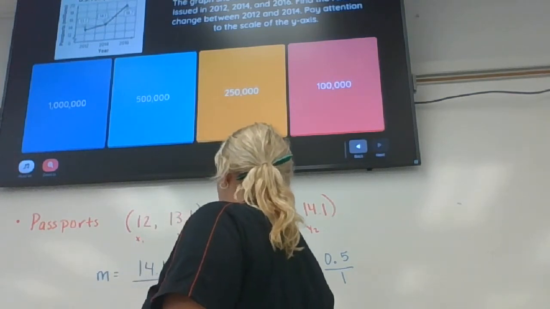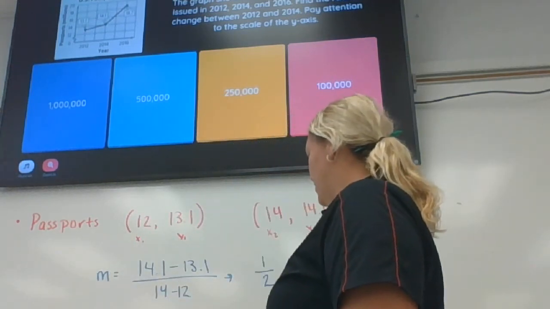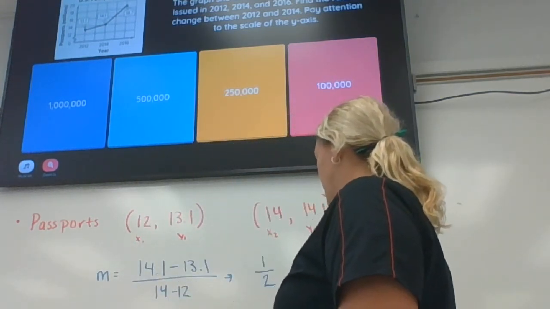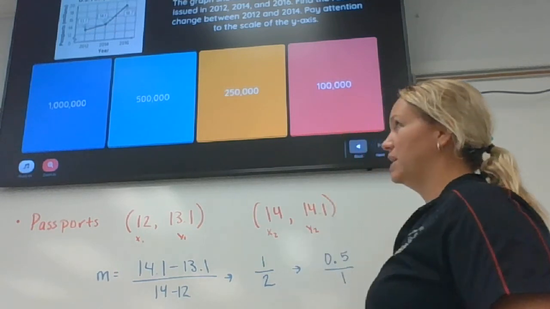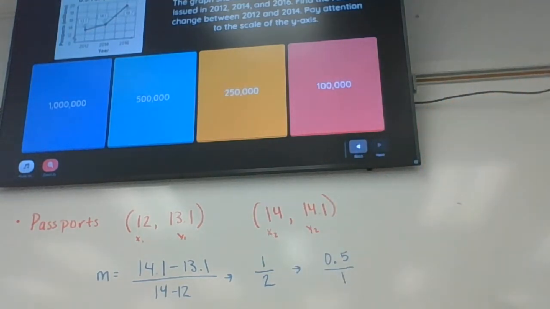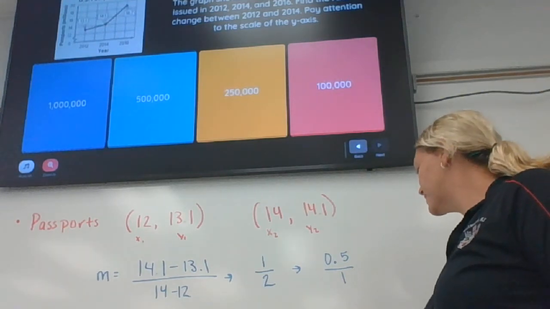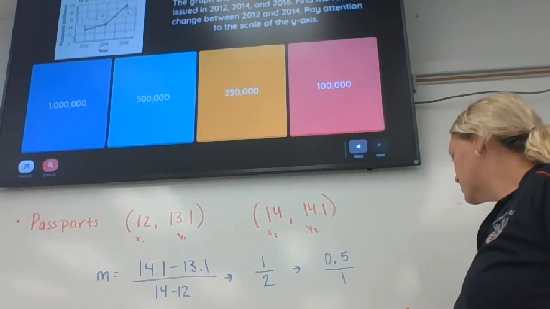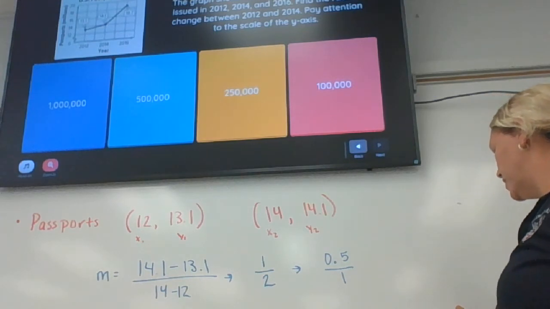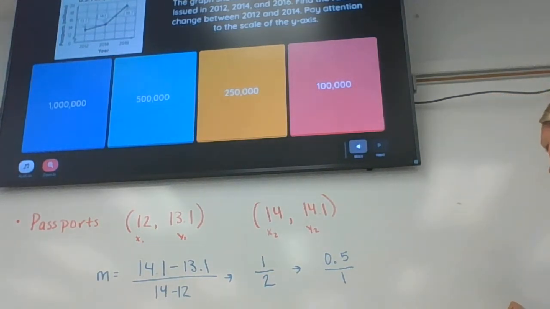There are 500,000 passports. What do you do? Do you give a passport? Do you award it? You issue them. Issued each year between 2012 and 2014.